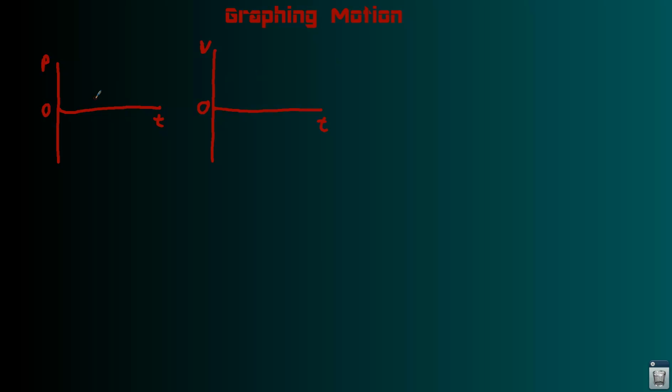Whatever I draw on the position graph here, I'm going to draw the equivalent velocity graph. If I start a new set down here, which I will eventually, that's going to be different. So let's disregard that for now.